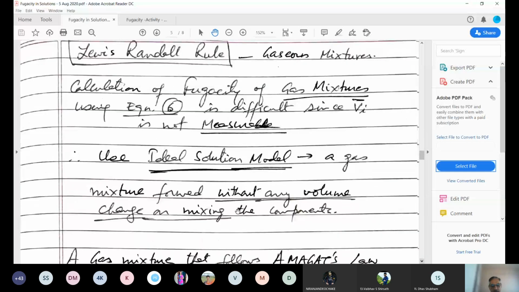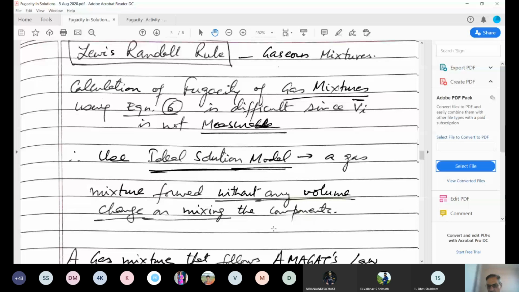Therefore we use the ideal solution model. What is the ideal solution model? A gas mixture formed without any volume change on mixing. Right? When we started at the beginning, we saw partial molar volume, and the relation between partial molar volume and molar volume. Does anybody remember?